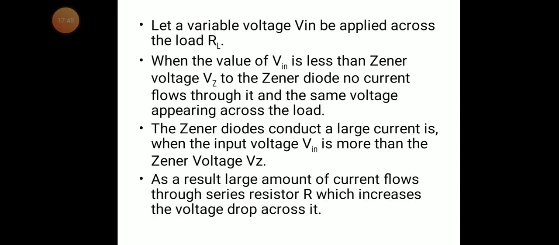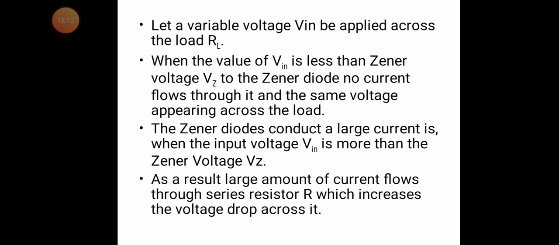Let a variable voltage Vin be applied across the load RL. The first condition is, now we try to vary the input voltage Vin. What happens when the value of Vin is less than the Zener voltage VZ?